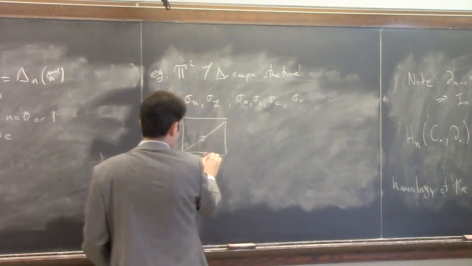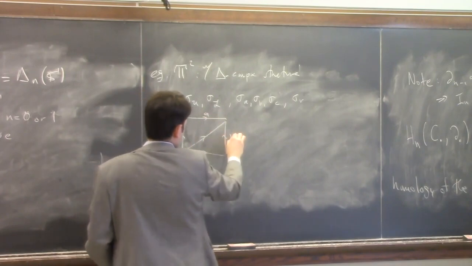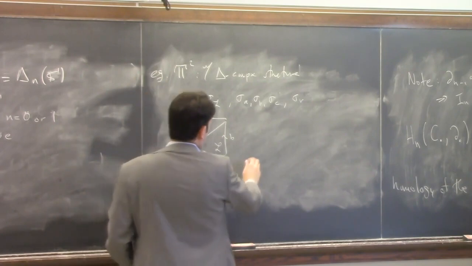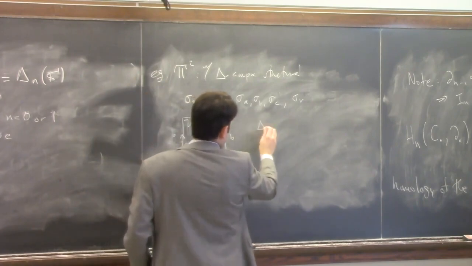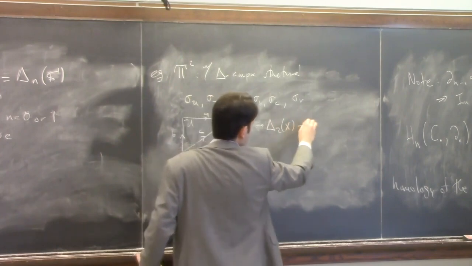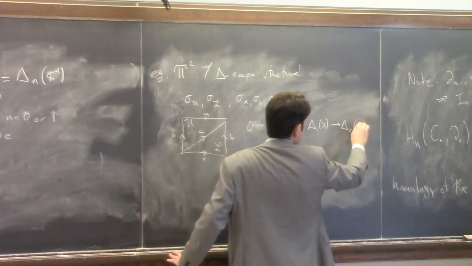Let's draw A, B, C. This was U, this was L. Okay, so we only have things in delta 2, delta 1, delta 0.